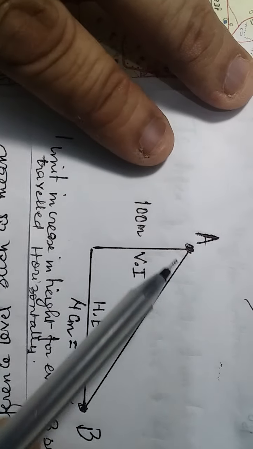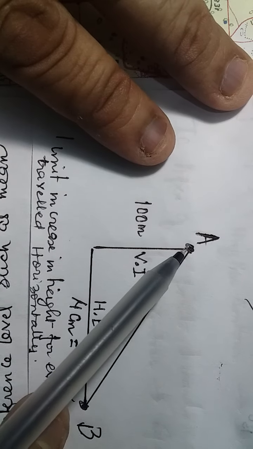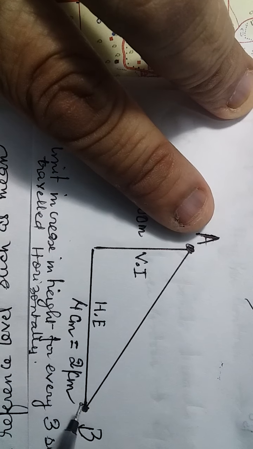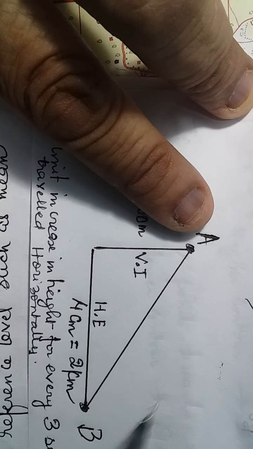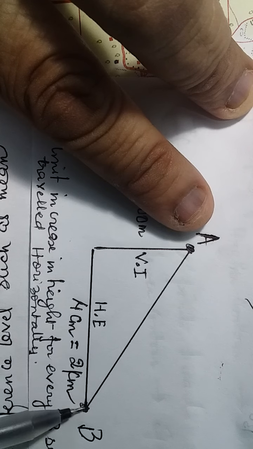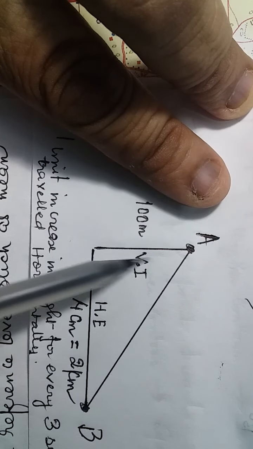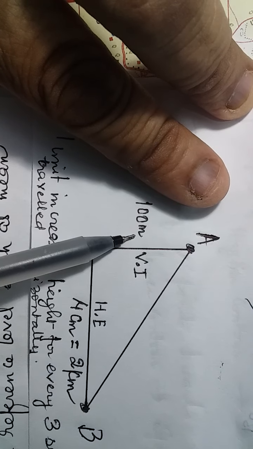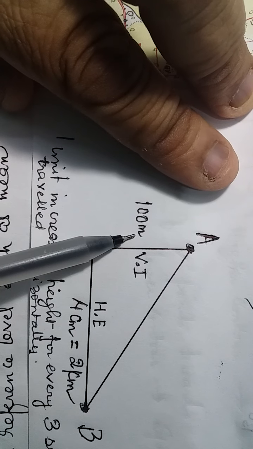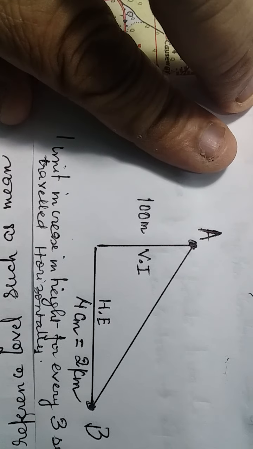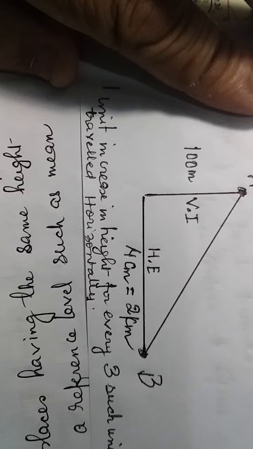so the same figure I have taken here. This is the position of A and this is the position of B. And this is the horizontal distance and this is the vertical interval, 100 meters. And the ratio and the gradient is 1:20.